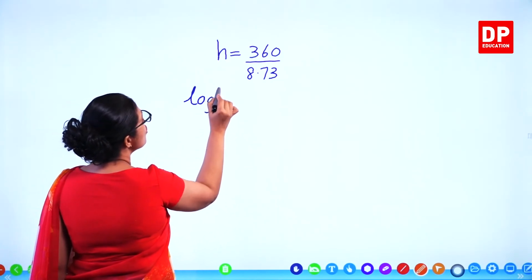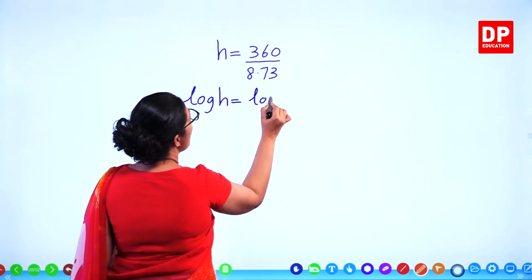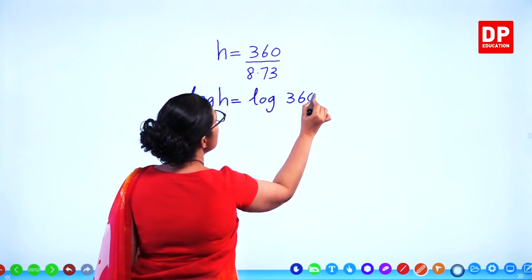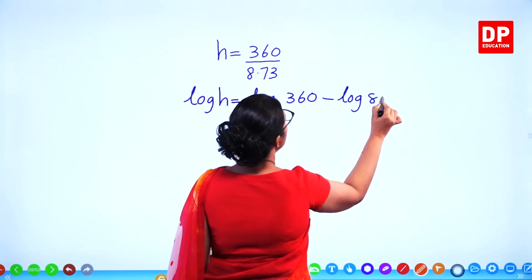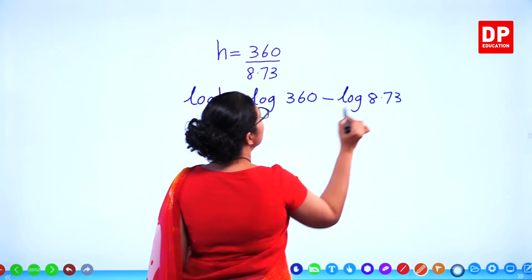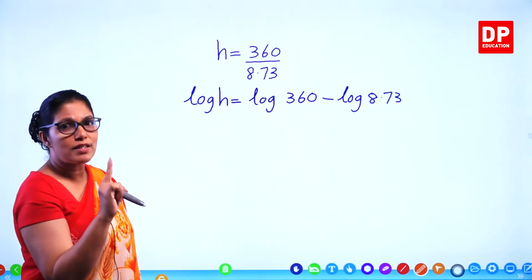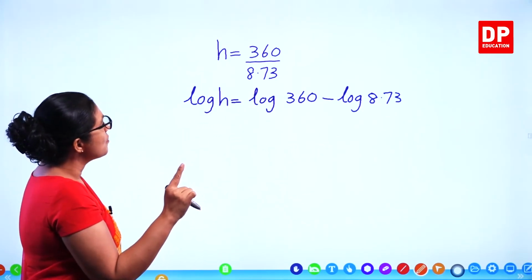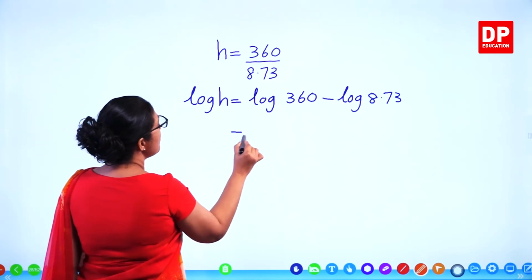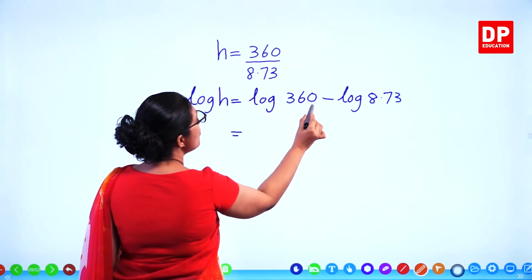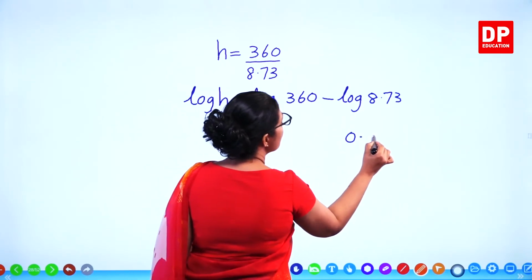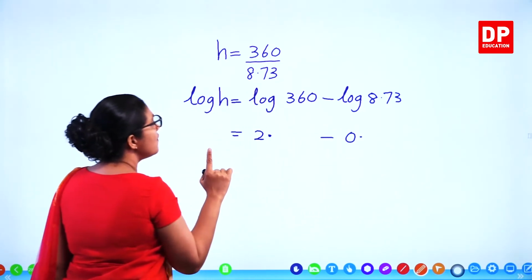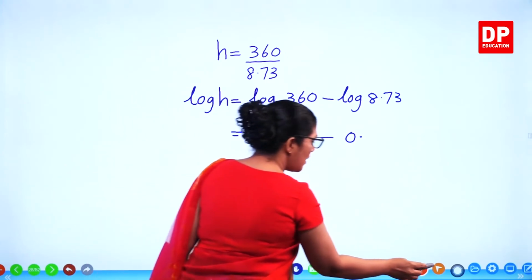Log of h is equal to log of 360 minus log of 8.73. When you take log, division becomes subtraction. So this is 2 point something and this is 0 point something. Now we have to use the logarithmic table, so we'll refer to that.